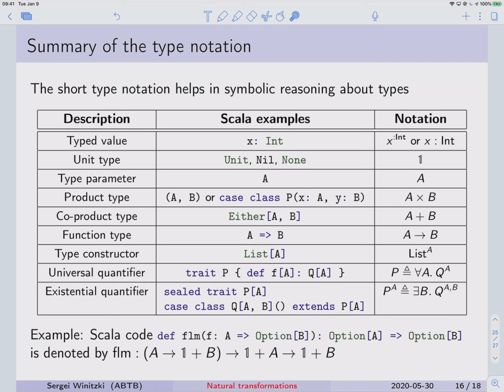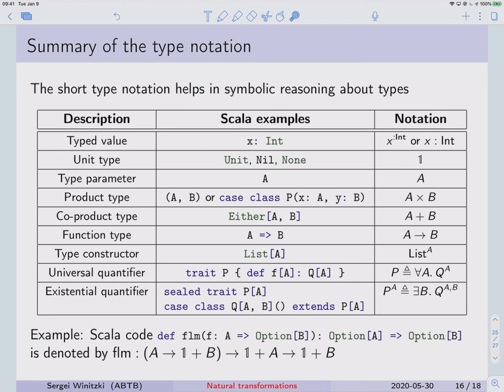It covers not only Scala but many other programming languages like Haskell, OCaml, and others that are based on the same type system. It allows you to reason about types in code very quickly, much quicker than if you had to write diagrams or if you had to write code in the code syntax of your programming language, Scala, Haskell, or other language.